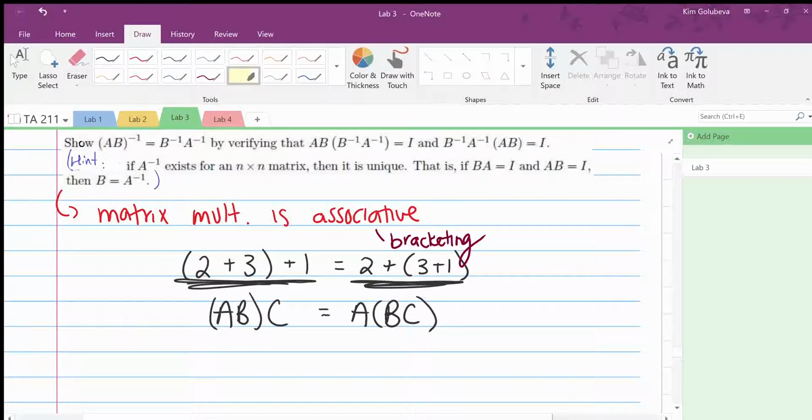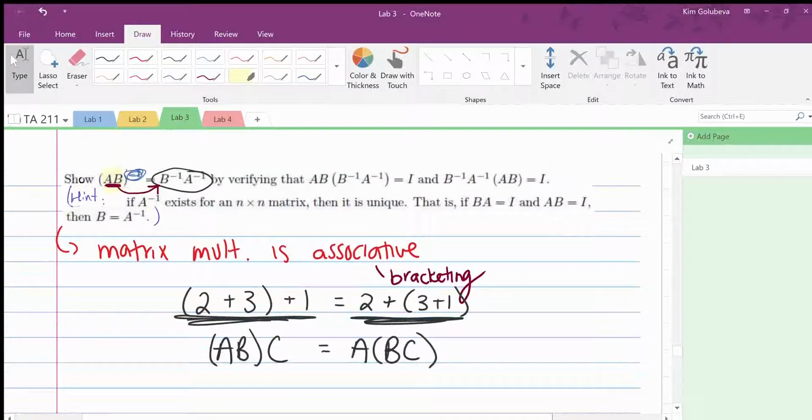So this question is essentially the same sort of idea as the last question. We have this matrix AB, and we want to prove that the inverse of it is equal to this thing. So we want to prove essentially that if we have this and we multiply it by this, and vice versa, if we have this and multiply it by this, that we get the identity back.